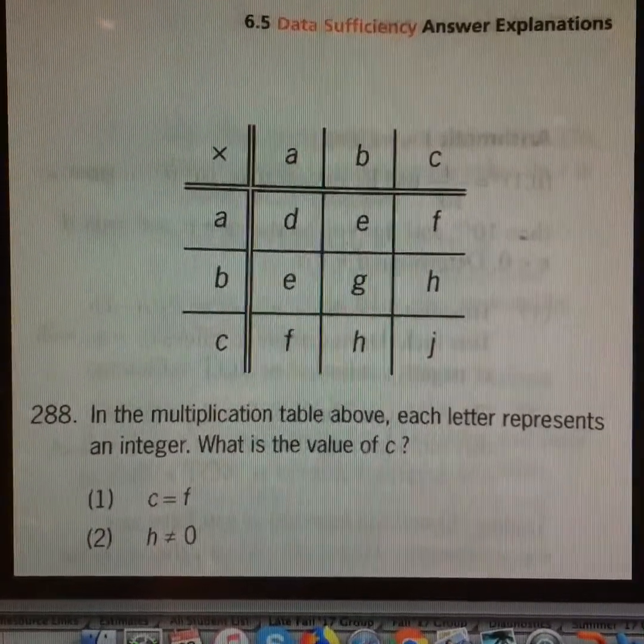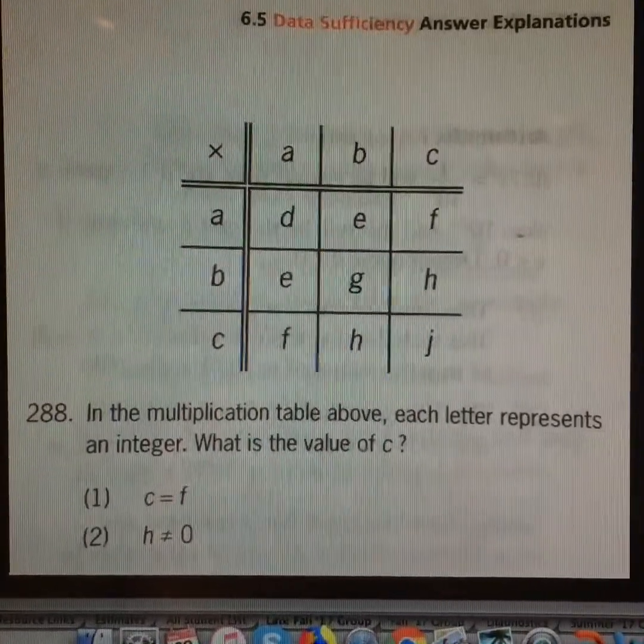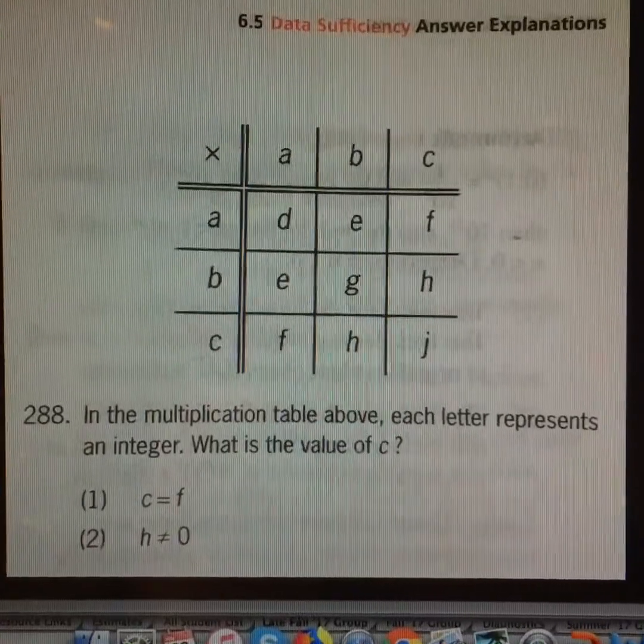Basically what we have is a data sufficiency exercise, and a multiplication table has been presented to us with 3 columns and 3 rows.